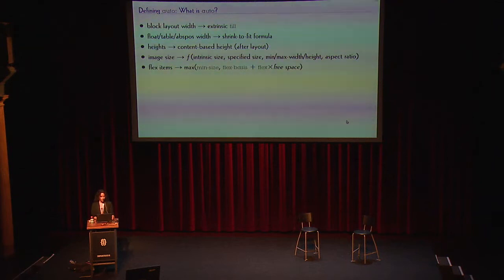And then for flex items, it's going to be your flex basis plus the amount of free space that you've been assigned, and then you're going to be at least as big as the minimum size, which for flex items is implied. Flex items have an implied minimum height, which tries to keep things from overflowing.